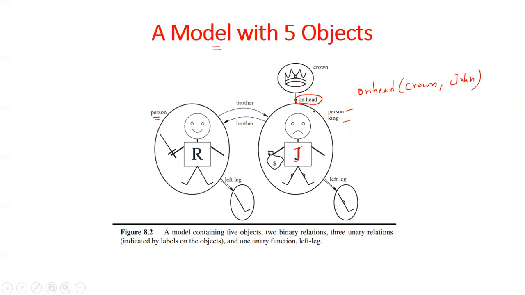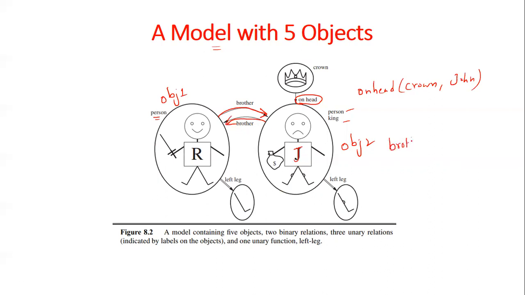Richard is one object. We can call Richard object one, and John is another object, object two. They are related. How are they related? They are related as brothers. That is, Richard is the brother of John, and John is also the brother of Richard. Either way it is.